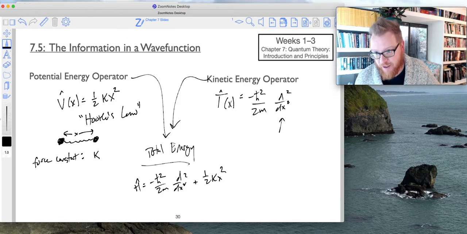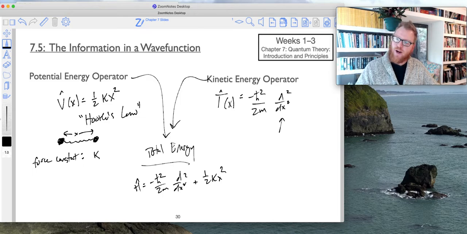When we operate that on a wave function, we need to get back an eigenvalue, a single valued constant. If we don't, then we have not used an appropriate wave function.